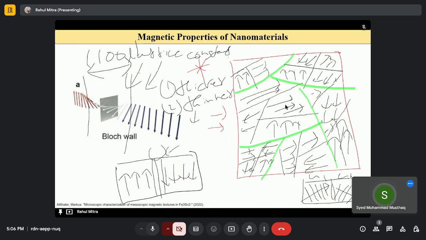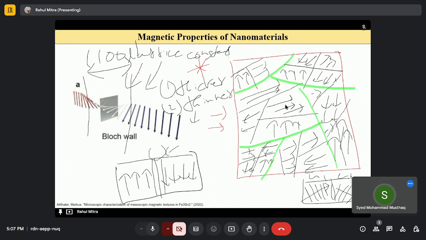The thinner Bloch wall has high anisotropy values. So the NdFeB, the Nd magnets, have thinner Bloch walls, and they have high anisotropy.